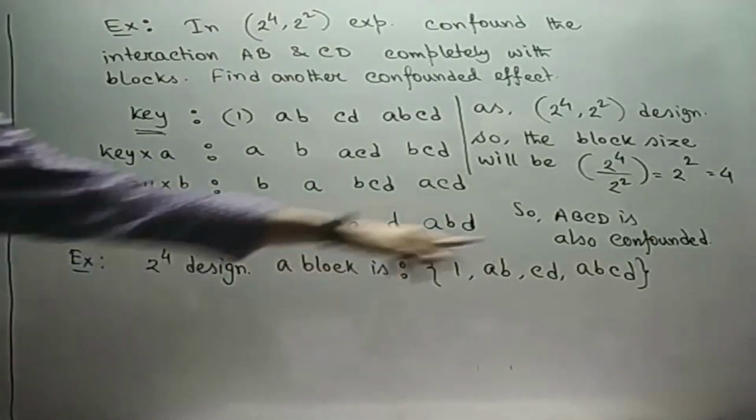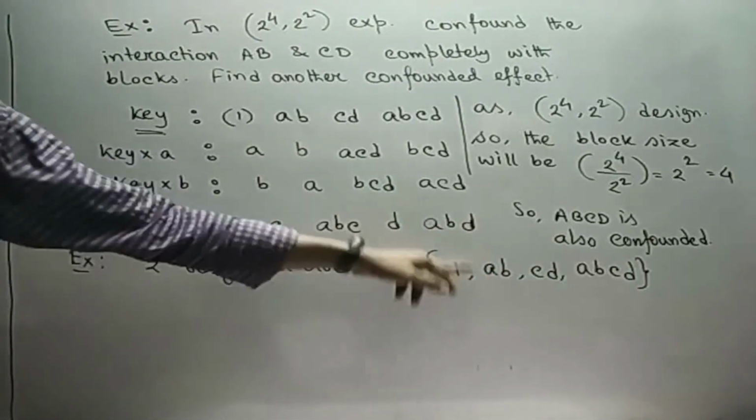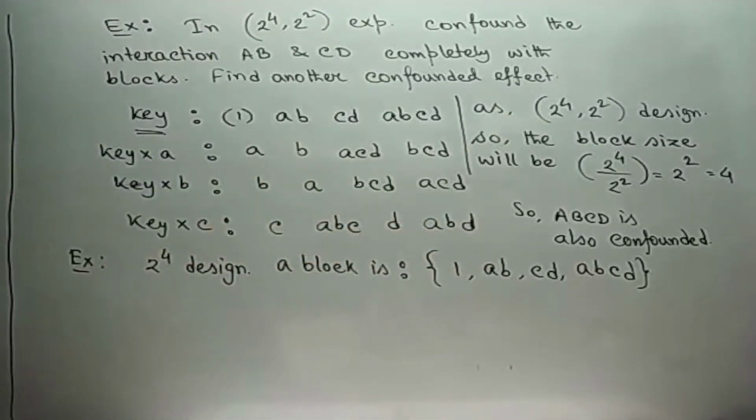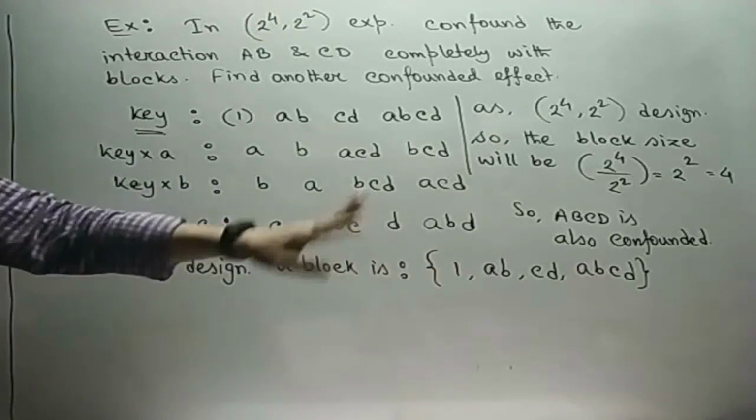Now if any block is given to us and that block contains the value 1, that means that block is a key block. So if the key block is given to us, then it's okay.